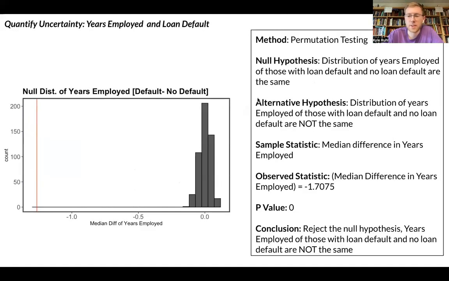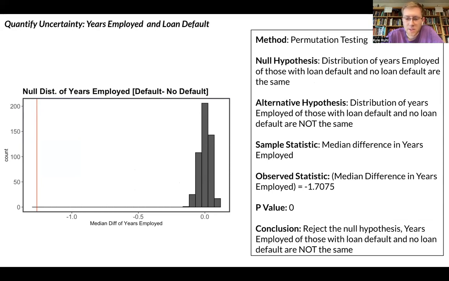So now we can quantify uncertainty around this observation. Through permutation testing, essentially we can display the null distribution of years employed, where we took default minus no default status.